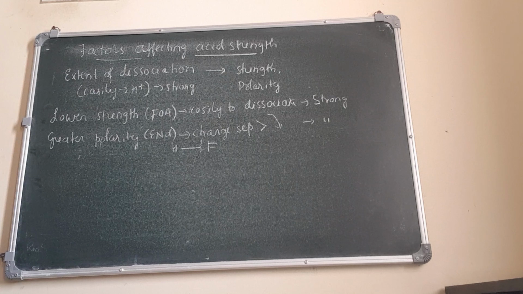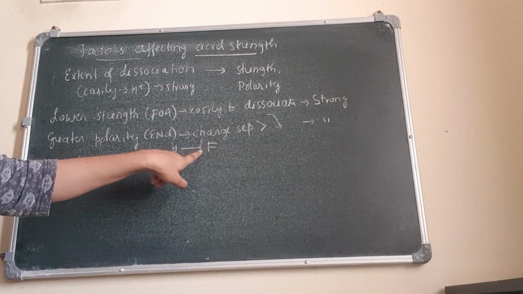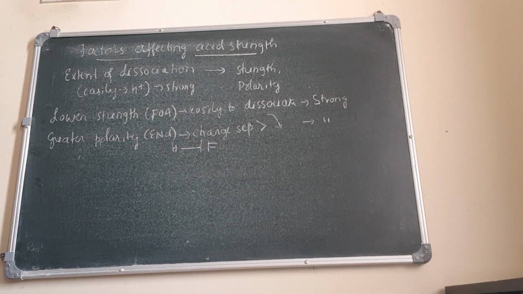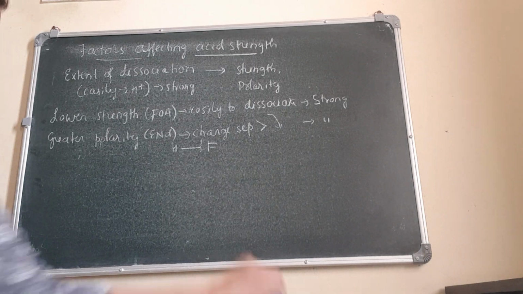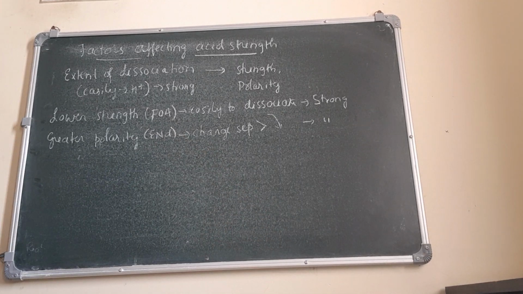So greater the polarity, or greater the electronegativity difference, in other words if the charge separation is more, the electron is farther from the H plus ion, easier it is to break them and stronger will be the acid. If you understand these two things, you can very easily arrange everything in ascending or descending order, and answer questions like which is stronger, which is weaker.